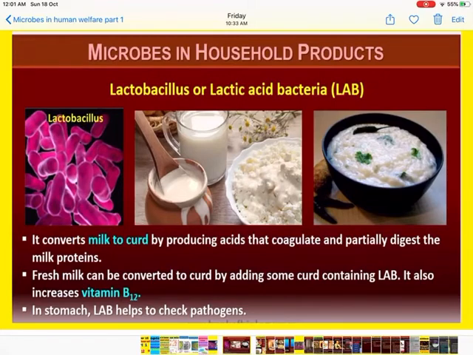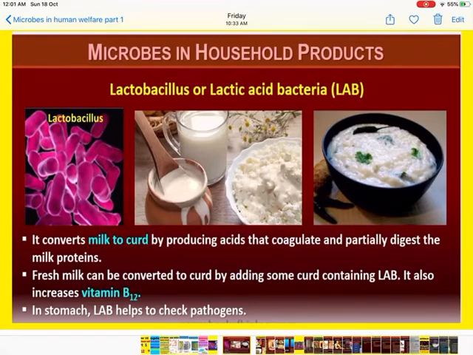By producing acids, and what these acids do, they coagulate and partially digest the milk proteins and milk is converted into curd. अगर हमें अपने घर के अंदर मिल्क को कर्ड में कन्वर्ट करना है तो what we do, we just add a small quantity of curd into the milk containing Lactobacillus bacteria.